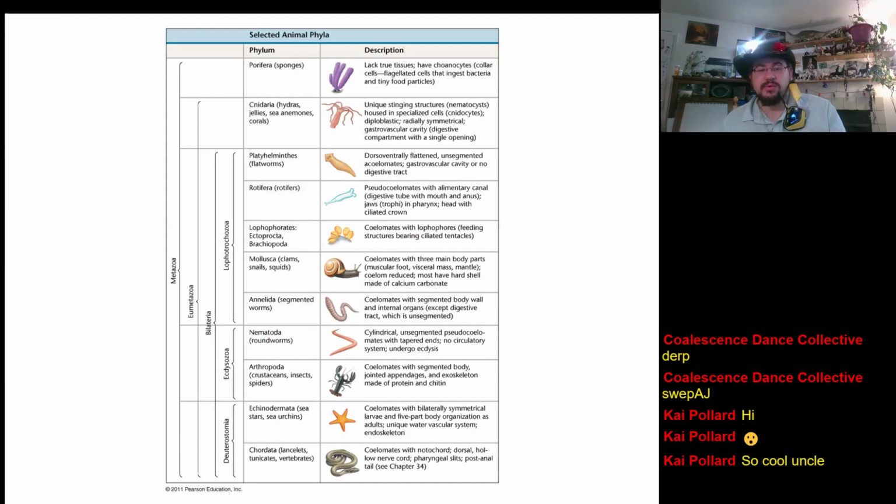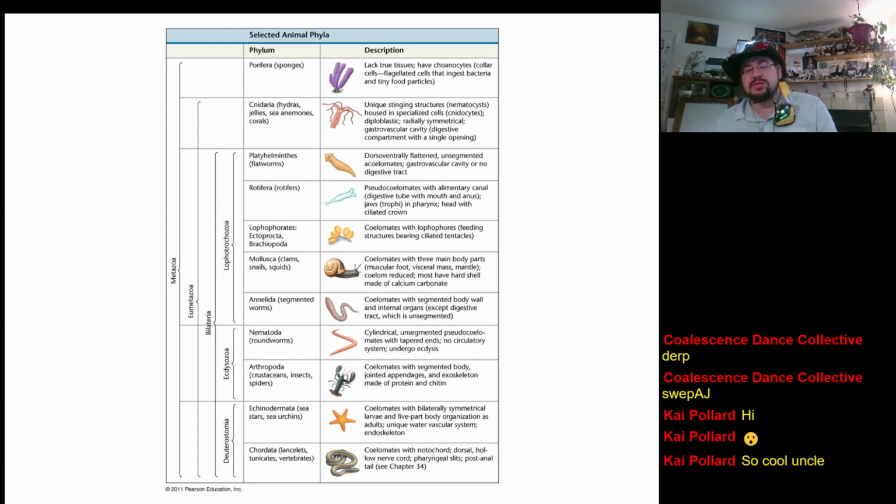All right, so here's a nice little summary figure of all of the protostomes that we went through, right? Including our platyhelminths, rotifers, the brachiopods, cycliophorans, molluscans, annelids, the nematodes, and the arthropods.